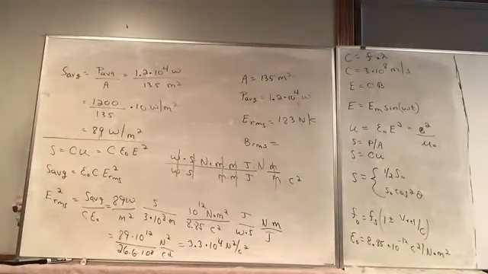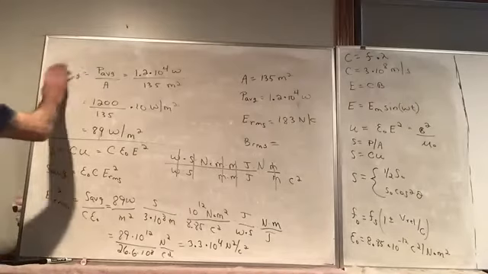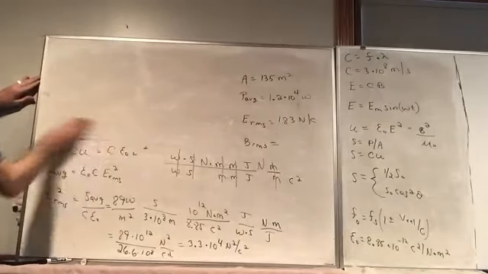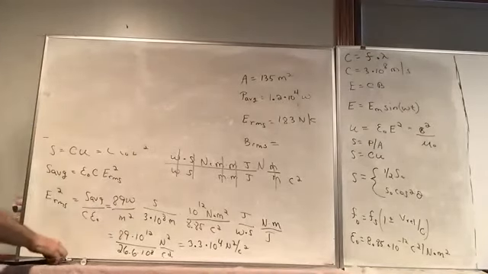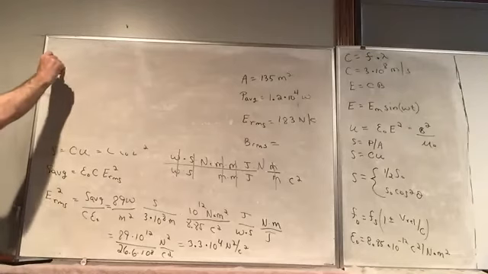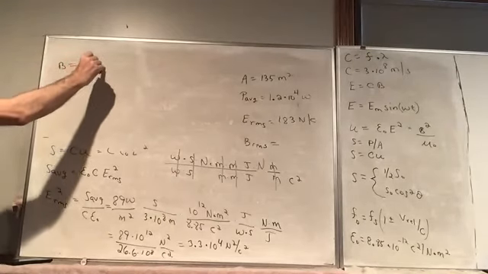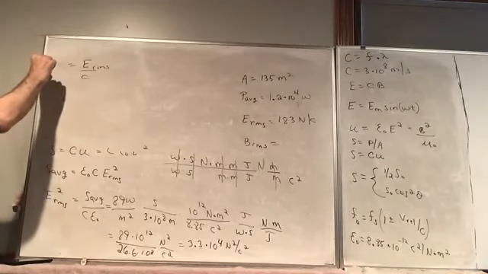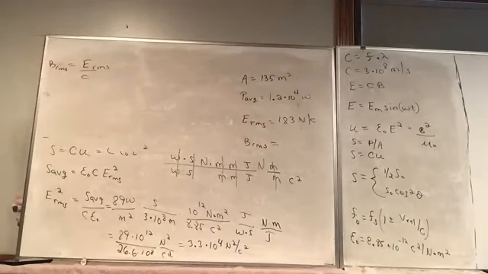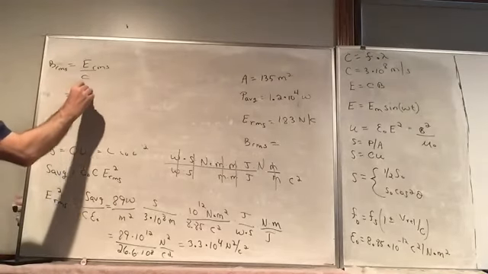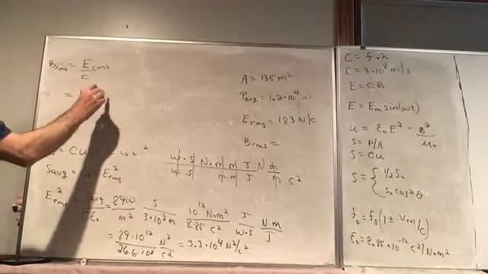And if we want to do the magnetic field, magnetic field will be easy because it's just the electric field divided by speed of light. And again, that applies for peak values or RMS values. So why don't we just do this real quickly? We have 183 newtons per coulomb.